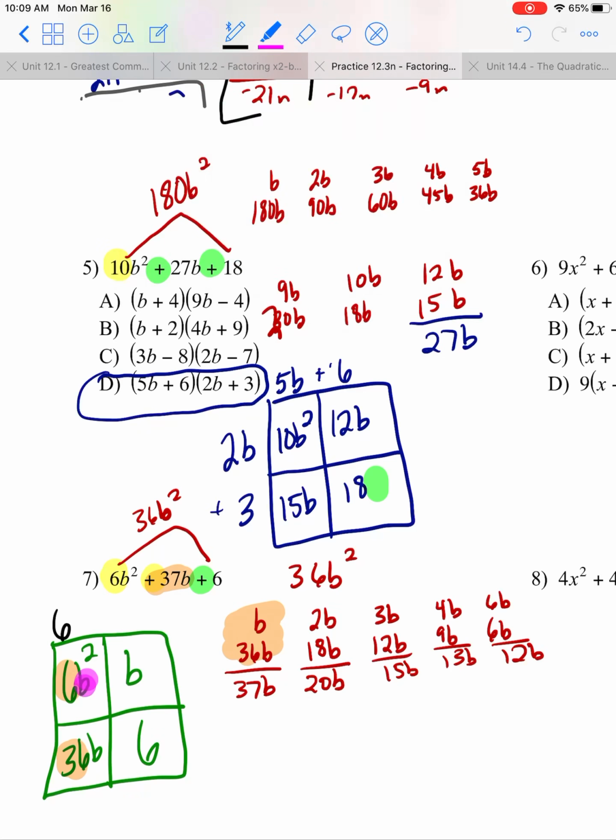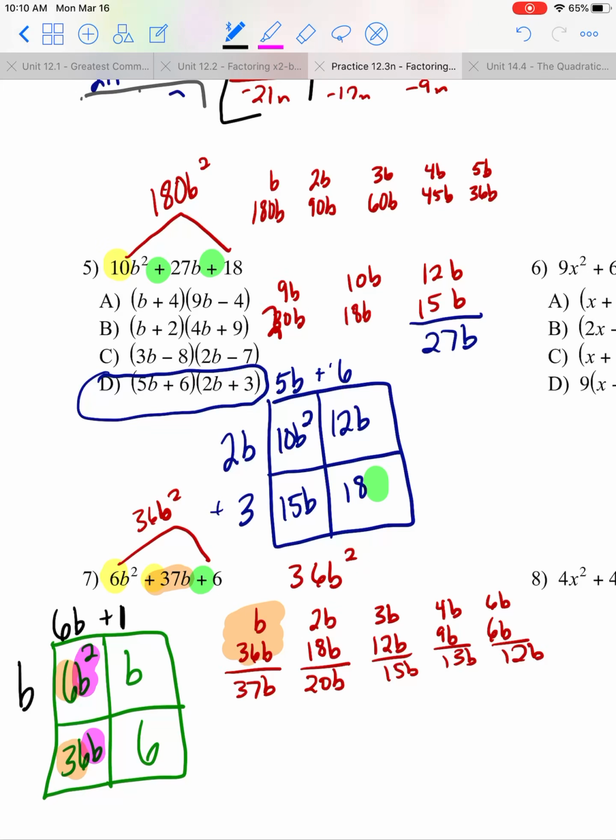Greatest common factor of b squared and b is just b. Greatest common factor of b and 6 is just going to be 1, and it's touching a positive box. So the greatest common factor of 6b squared and b is also just going to be b.